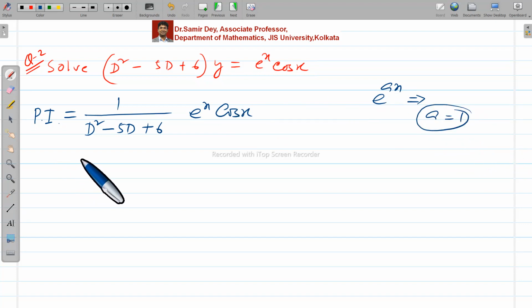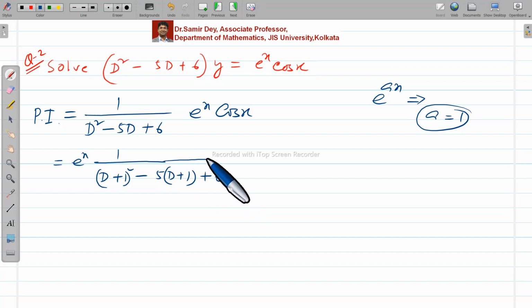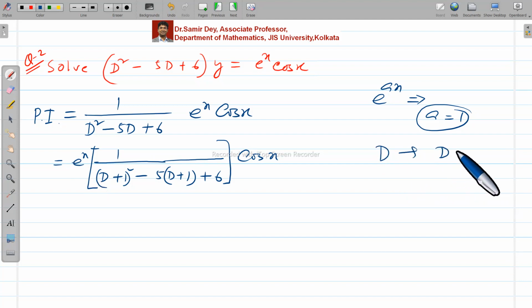Okay, very good. So first we should work on e to the power x. e to the power x by d plus 1 whole square minus 5 d plus 1 plus 6. Please check, is it correct or wrong? Yeah, it will be cos x. Is it clear to all of you? Because we should replace all d by d plus a.